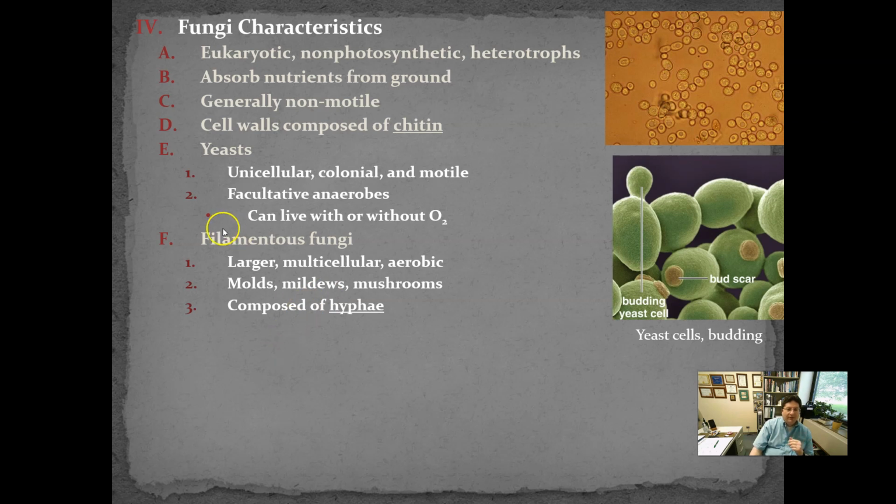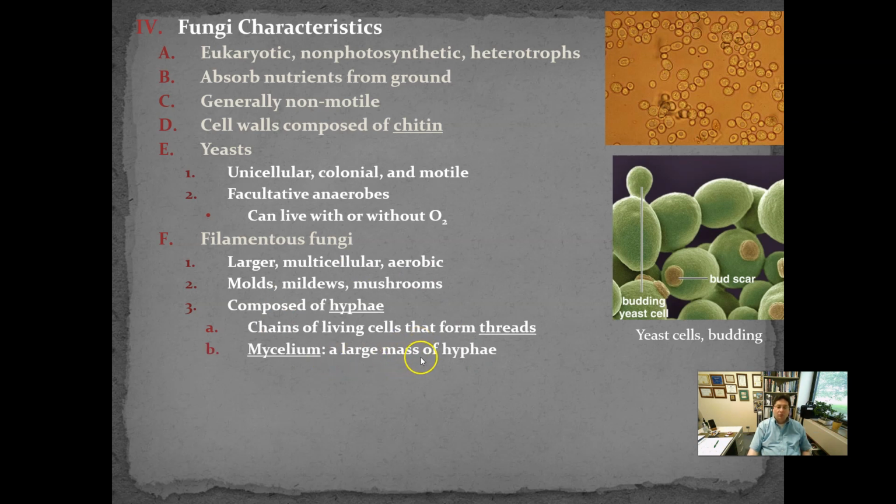Now, very importantly, filamentous fungi are composed of chains of living cells that form long threads, where one cell is right after the other, after the other, after the other. These chains of living cells that form threads are called hyphae, and a whole group of these threads is called a mycelium, or mycelia, plural.